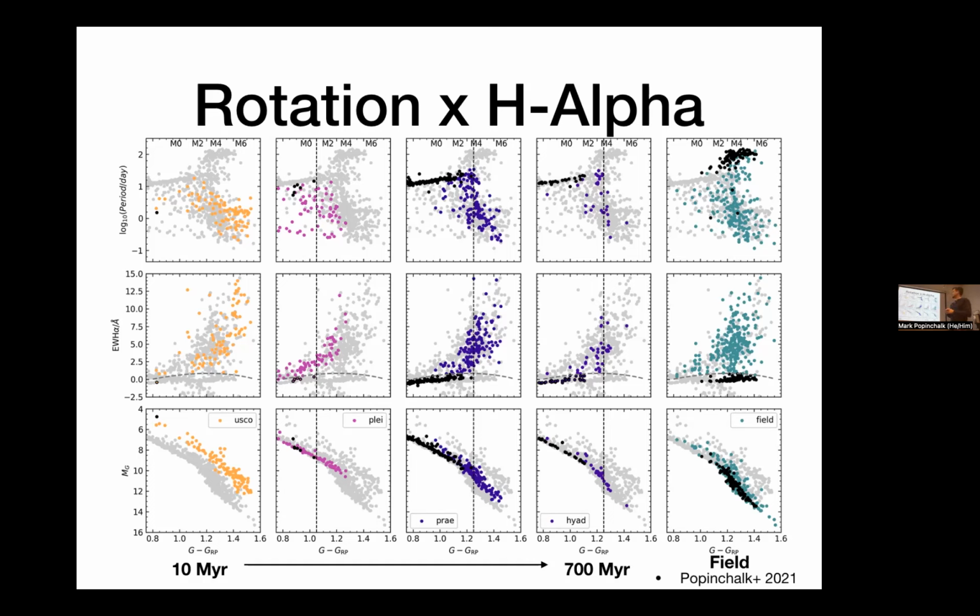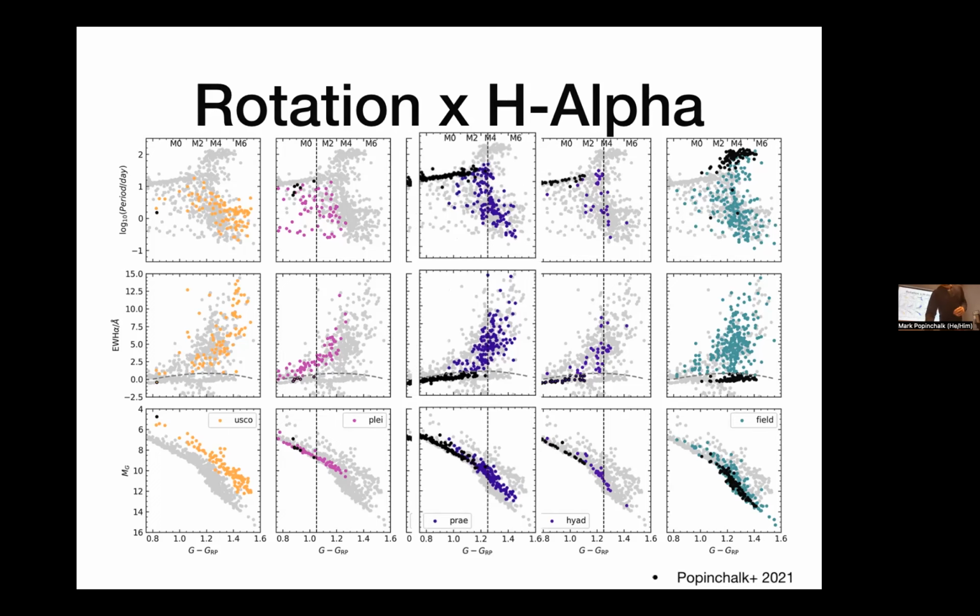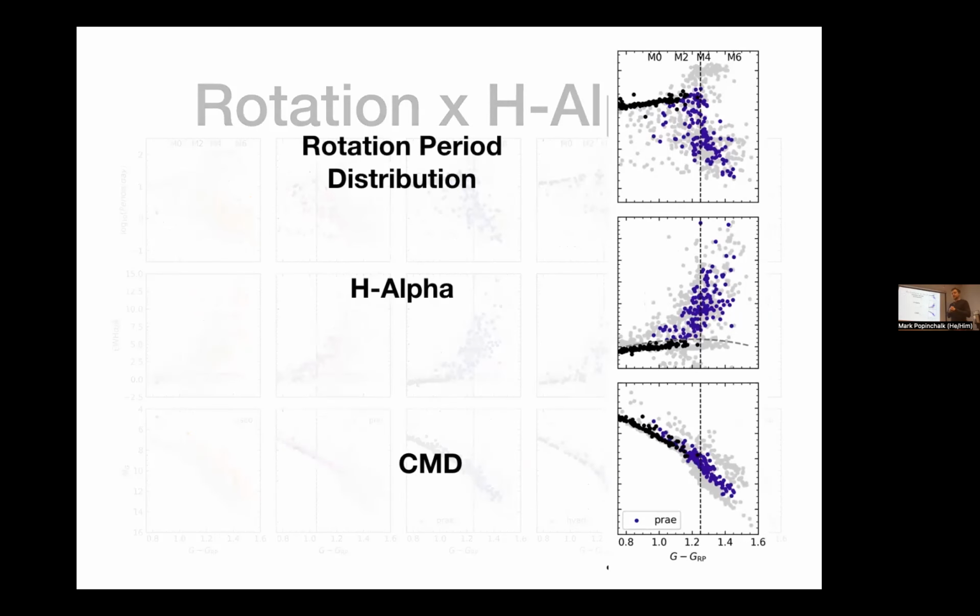The different rows are the period distributions at the top, the H alpha equivalent width in the middle, which is an indicator of magnetic activity for these stars, and then the position on the color magnitude diagram on the bottom.